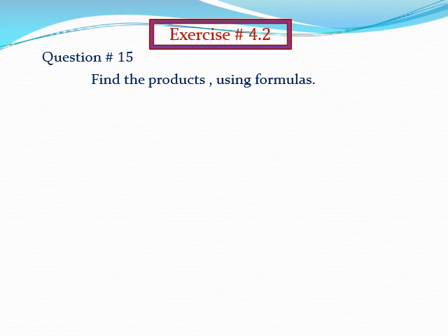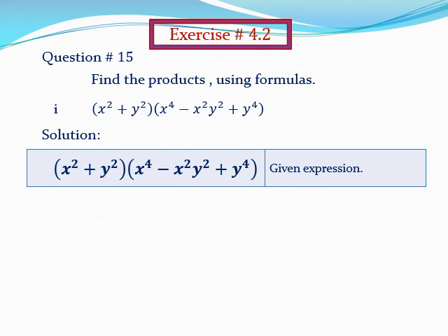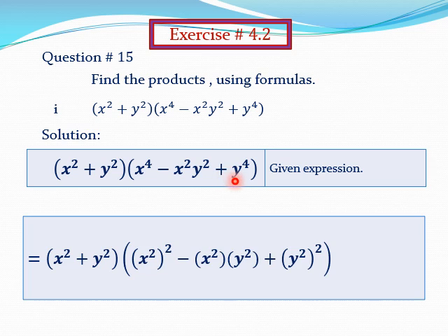Question number 15, find the product using formulas. Now we are going to multiply them and find out the product. First of all, we write the given expression as it is: x square plus y square times x4 minus x square y square plus y4.